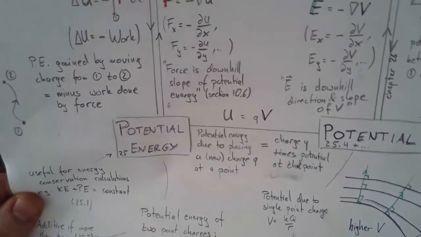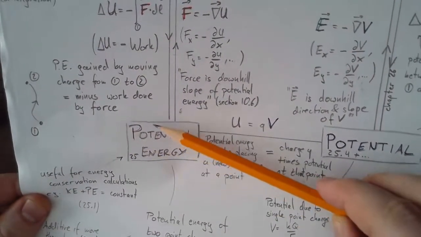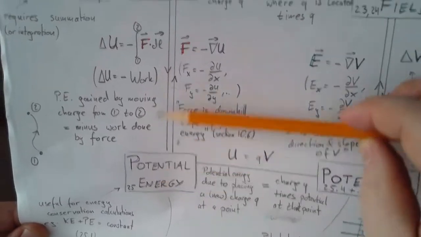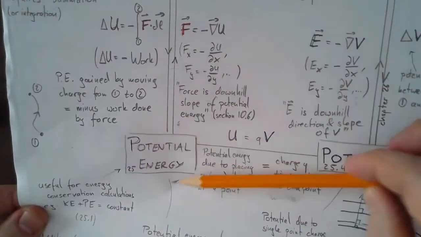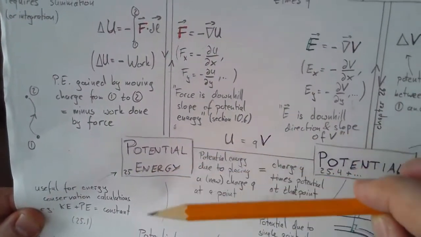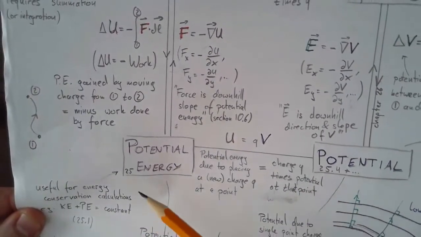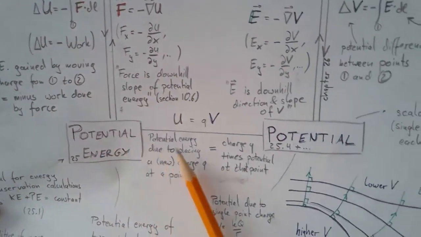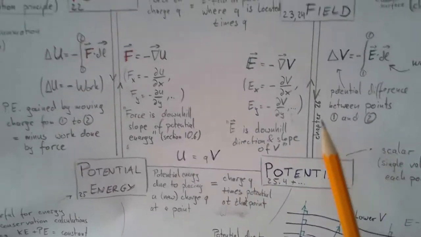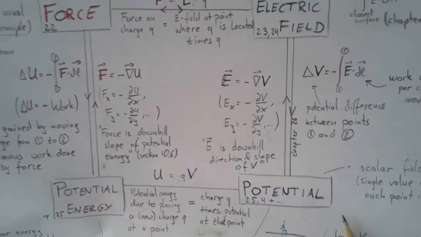Now we've talked, very recently, about potential energy and the relationship between the potential energy and the force. Potential energy exists because electrostatic forces are conservative. And so now we're moving to the fourth corner of this map.